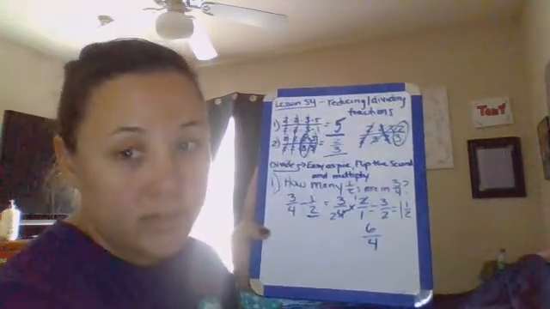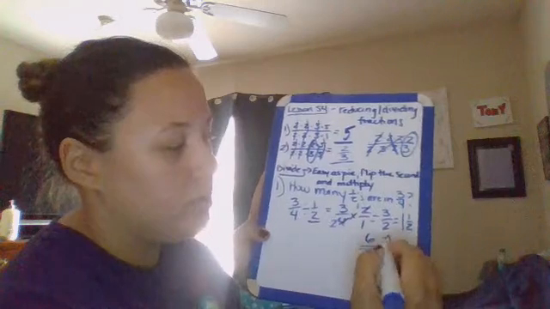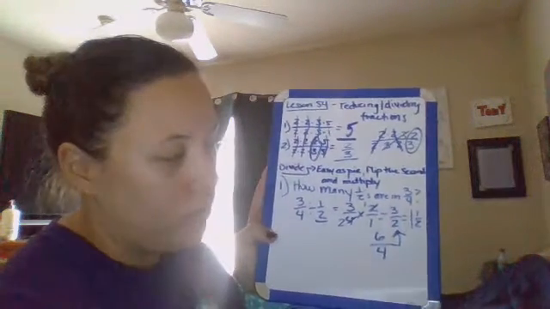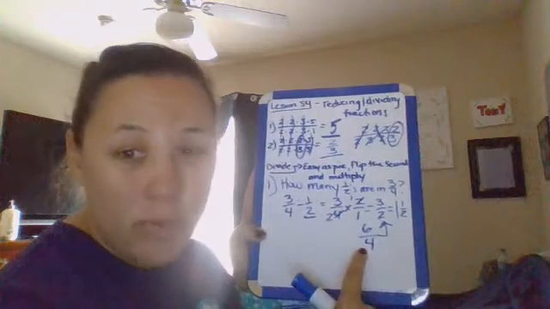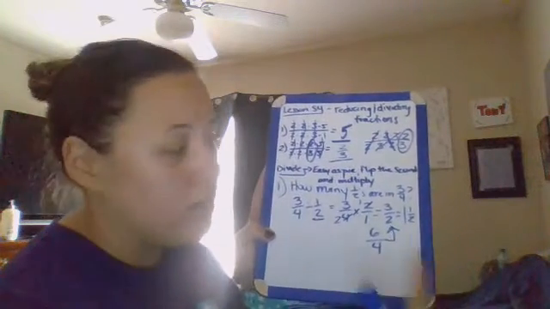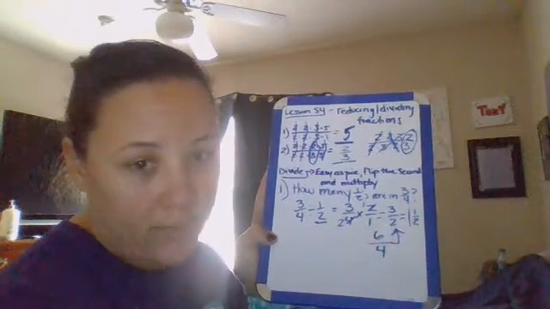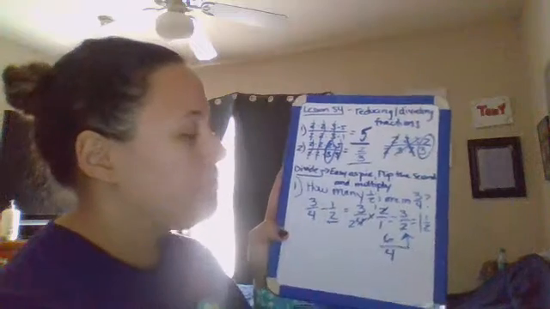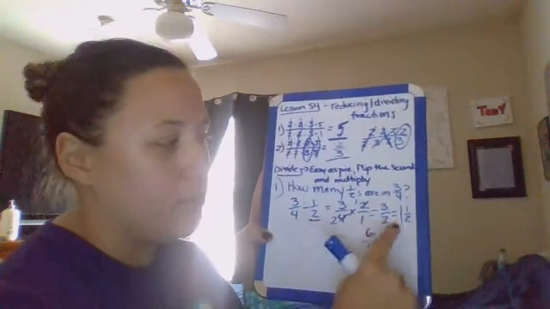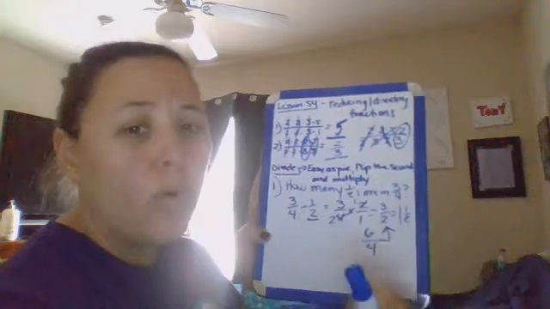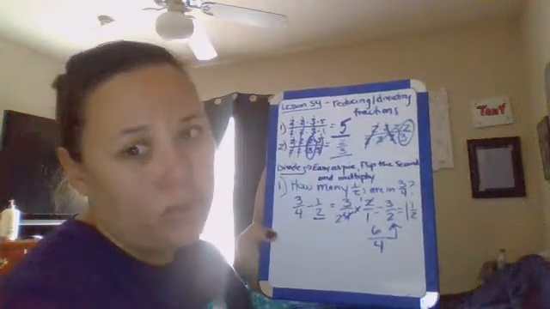So we have 6/4, which can be reduced to 3 over 2, which then goes to 1 1/2. Or we can convert this to a mixed number and then reduce that fraction down. However you want to do it. We just flip the second and then multiply it out and then make sure that it either gets reduced or turns into a mixed number that is still reduced.